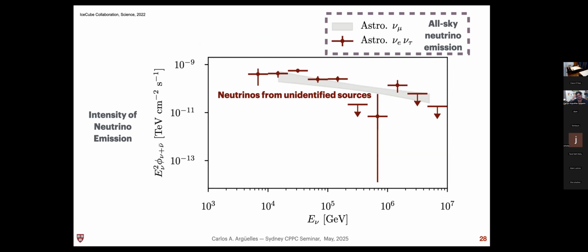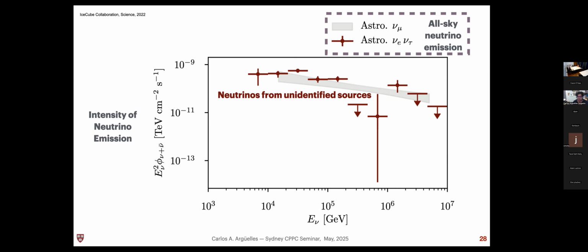Okay, so we use these techniques to try to measure the astrophysical neutrino flux. What we're going to need in this talk is summarized in the following slide. Here I show you what we know so far of astrophysical neutrinos. The horizontal axis is the energy of the neutrino, and the vertical axis again is the intensity. These red crosses are measurements of astrophysical neutrinos of electron and tau flavor.